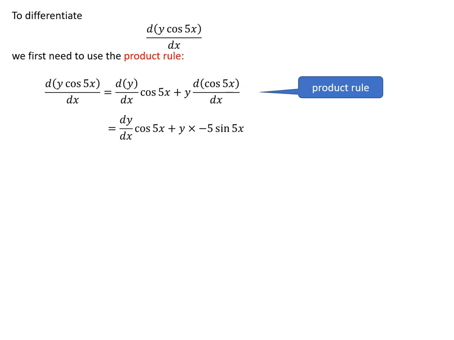In other words, we've got dy by dx cos 5x minus 5y sin 5x. Or equally well, we can write that as cos 5x dy by dx minus 5y sin 5x.